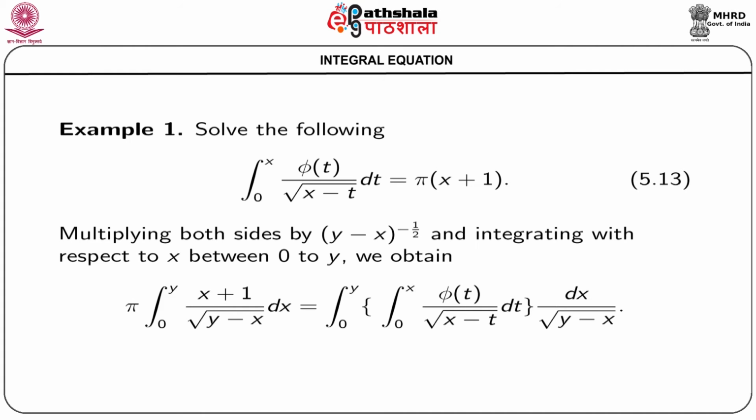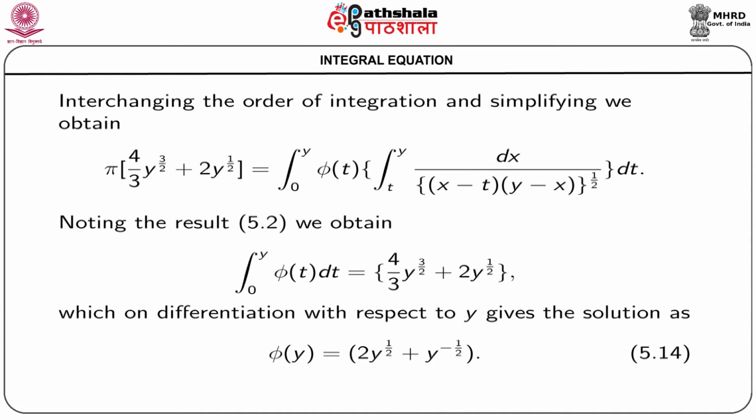We multiply this equation on both sides by the function (y minus x) to the power minus half and integrate with respect to x from 0 to y to obtain an expression: pi into the integral from 0 to y of (x plus 1) divided by root over (y minus x) dx equal to an expression which consists of a double integral.